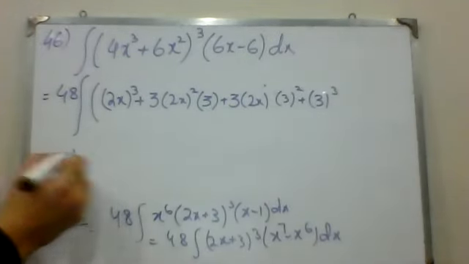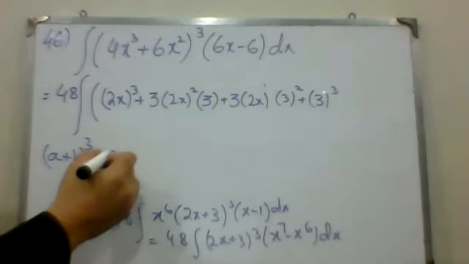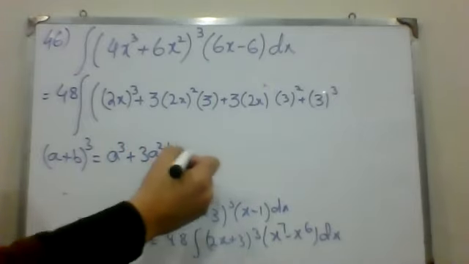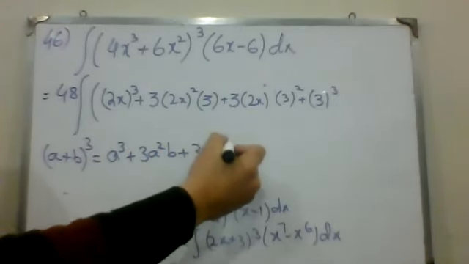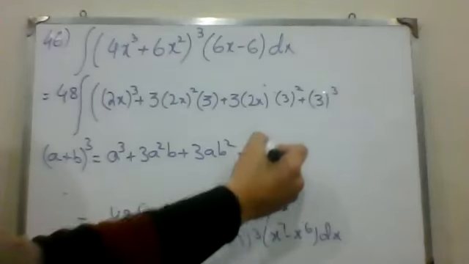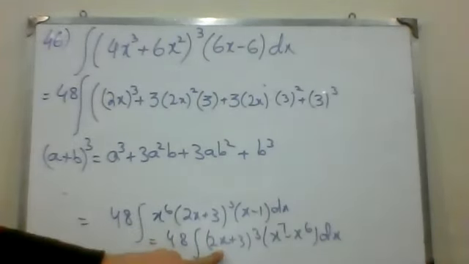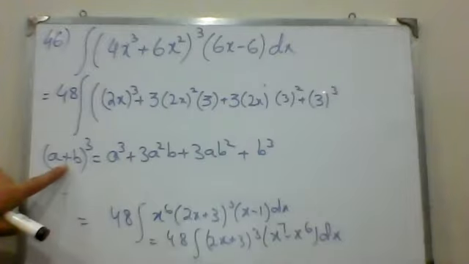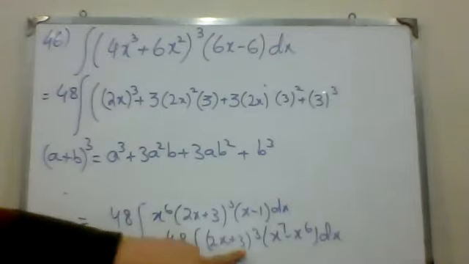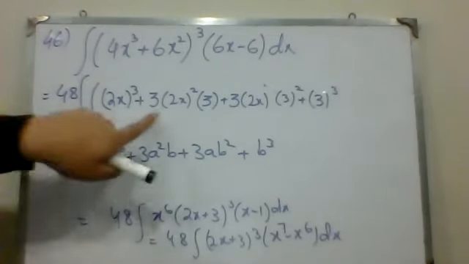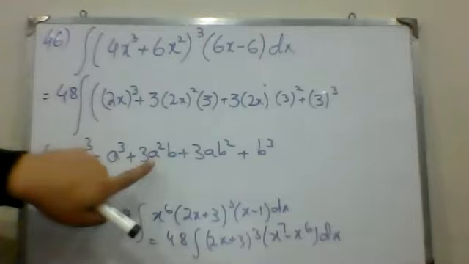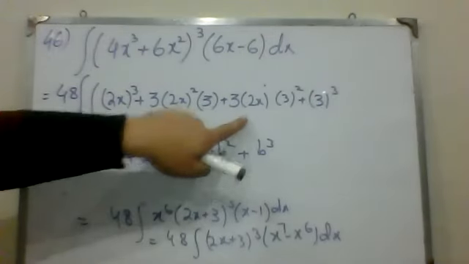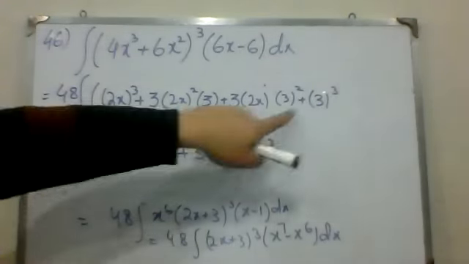If written, a plus b cube, you can write a cube plus 3 times a square b plus 3 times a b square plus b cube. So here 2x is a and 3 is b. So a cube means 2x cube plus 3 times a square means 2x square, b is 3, plus 3 times a is 2x and b square means 3 square, plus b cube is 3 cube.